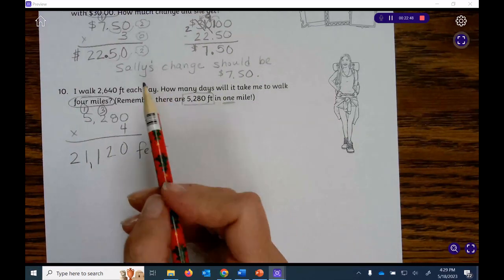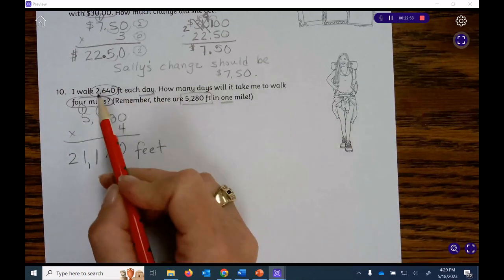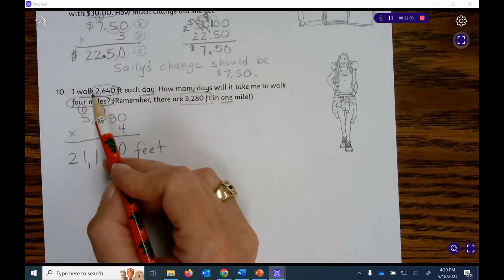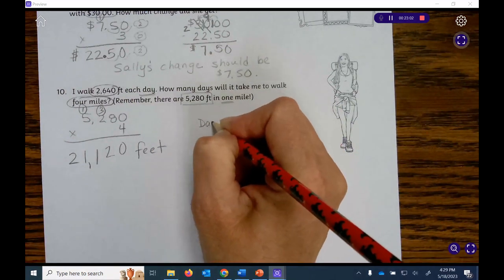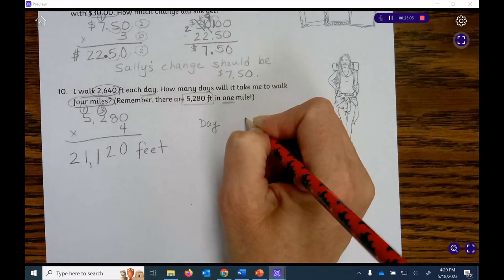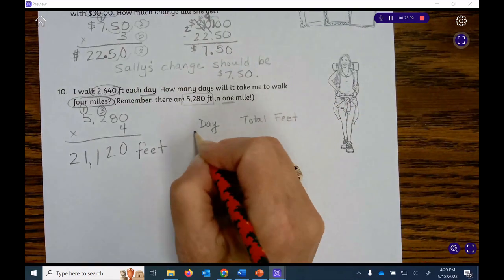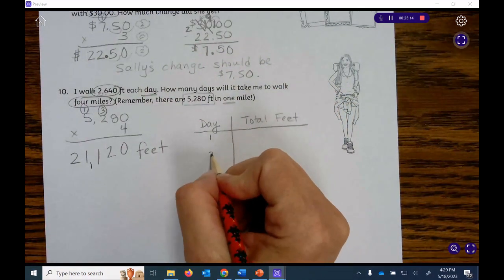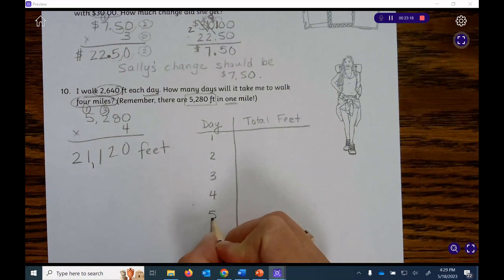All right, so next, we know that they walk each day 2,640 feet. So I'm going to say day and total feet. So we have 1, 2, 3, 4, 5. Let's start with 5.